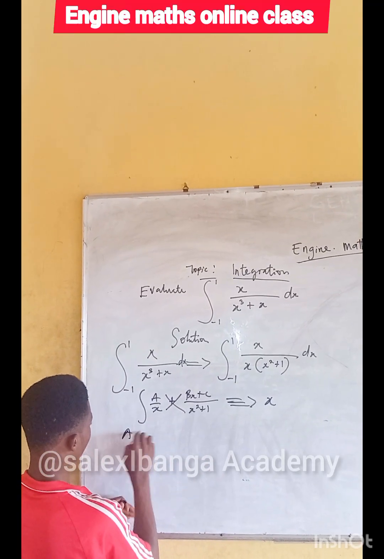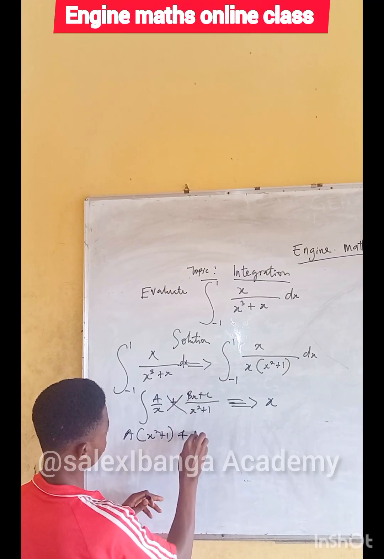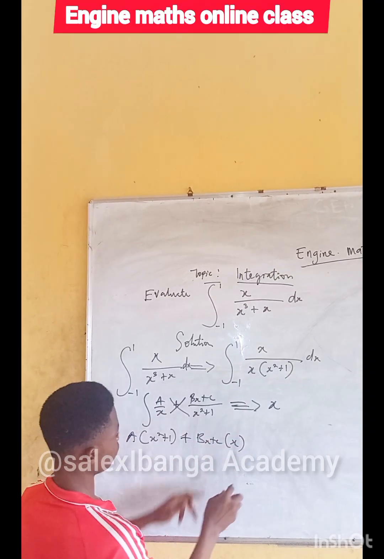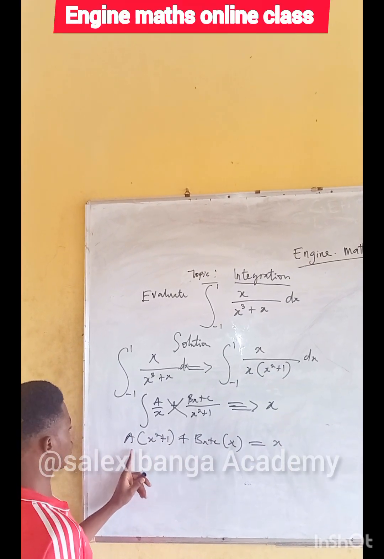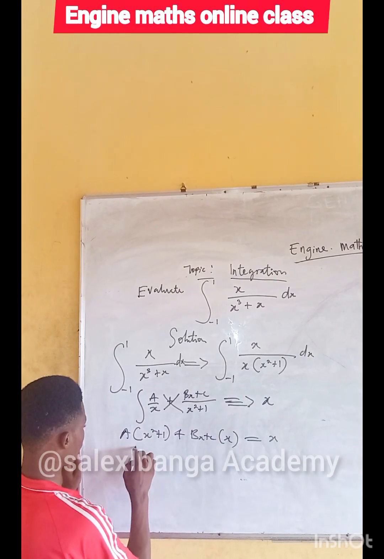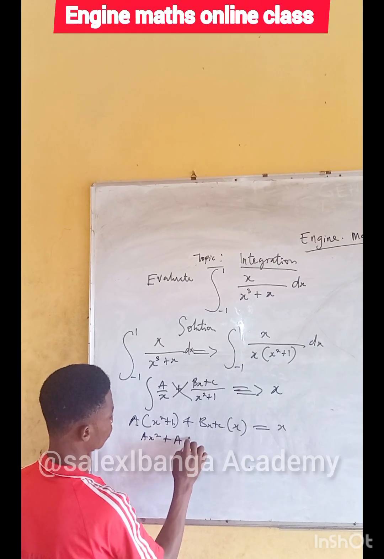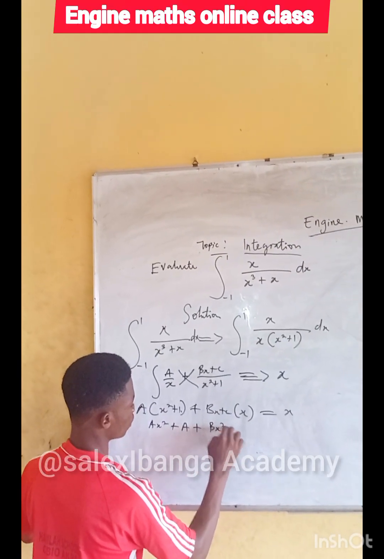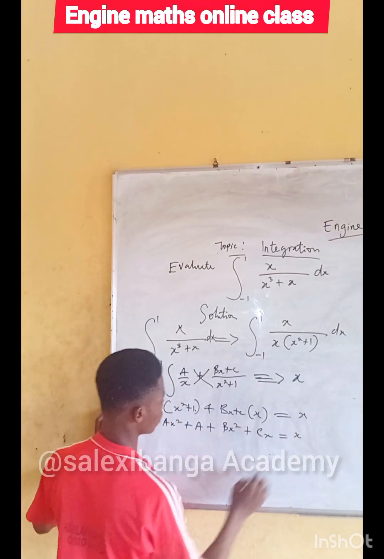That will give you A times x squared plus 1 plus bx plus c times x, equal to x. Now I open the bracket: A times x squared gives ax squared, A times 1 gives A, bx times x gives bx squared, and c times x gives cx, all equal to x.